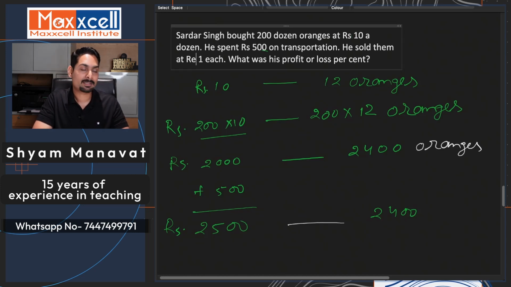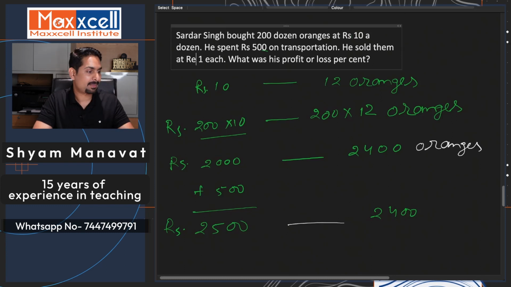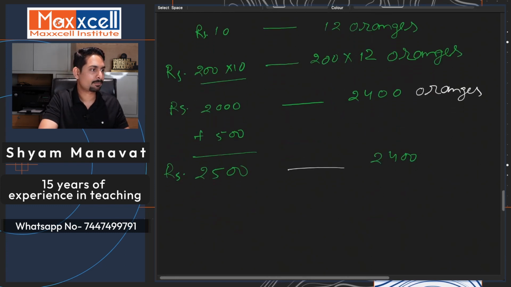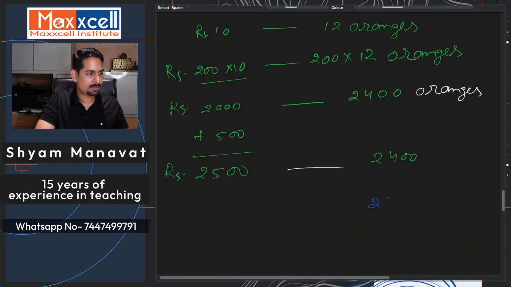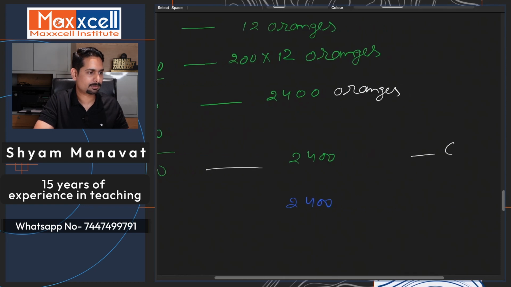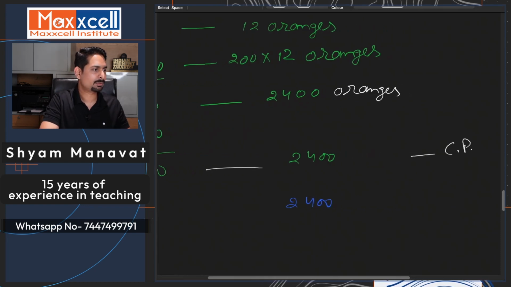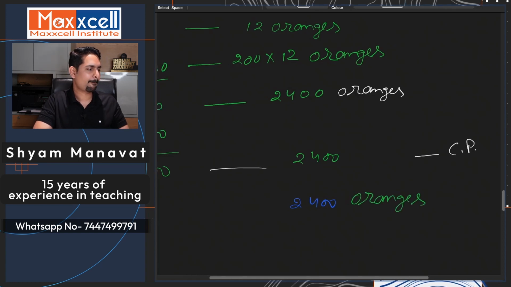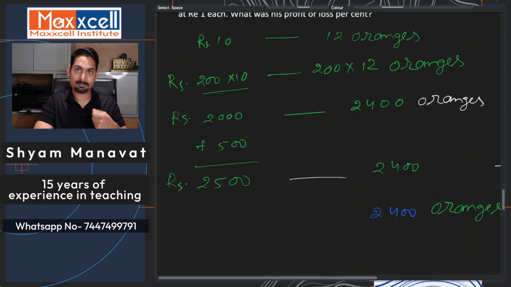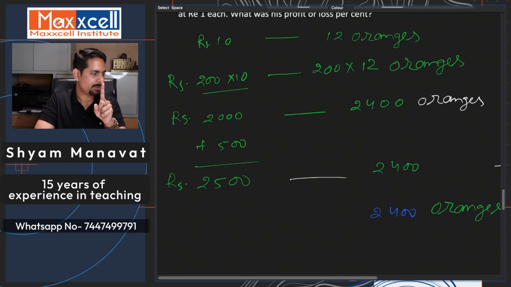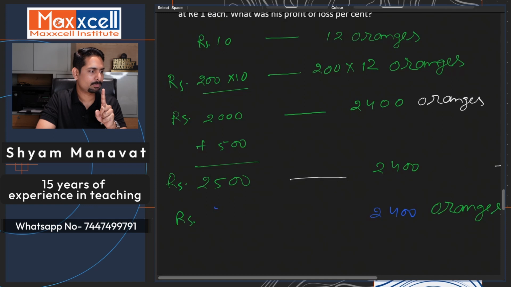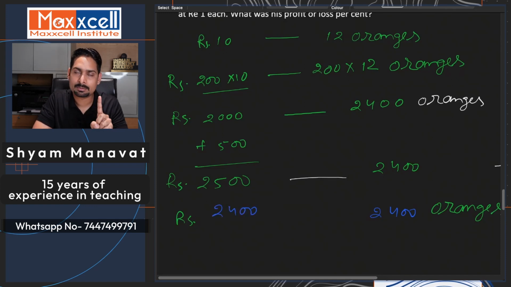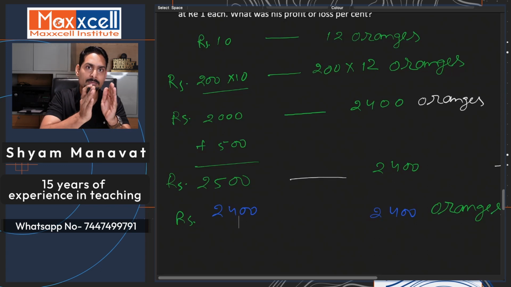So for better understanding, if we are selling at 1 rupee each, then to sell 2400 oranges, he will be able to sell them at 1 rupee each, right? So how much will he get? 2400 itself, 1 rupee per orange. So 2400 oranges, 2400 rupees.